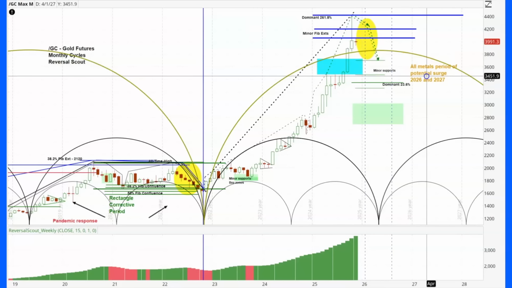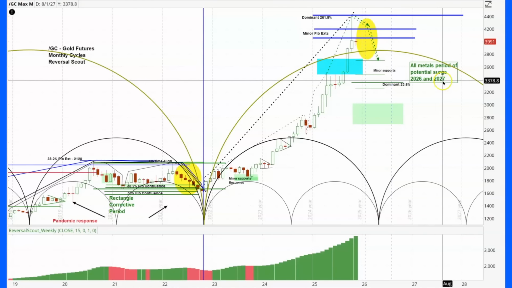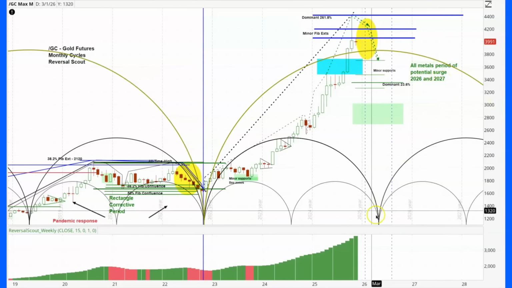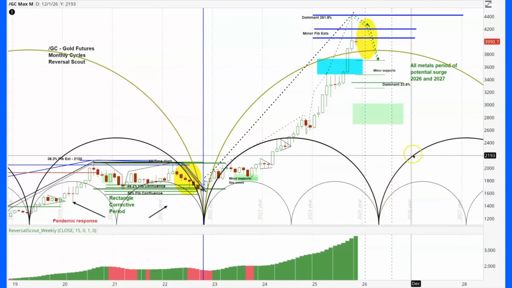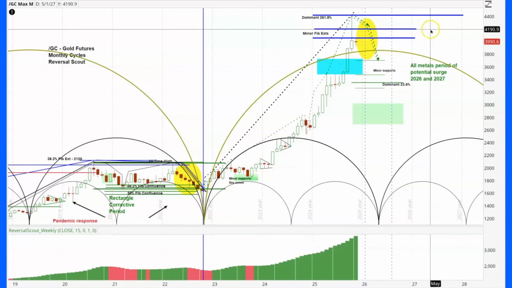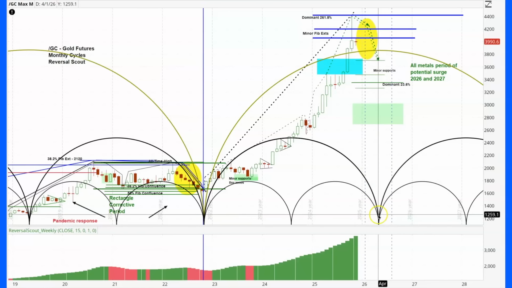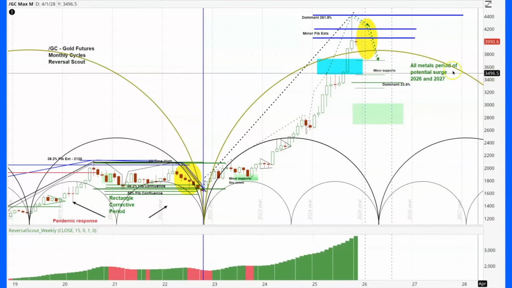Now you can see the note over here is that all metals will be a period of potential surge, 2026 and 2027. So that's after this low, 2026, 2027, gold can go much, much higher. So that makes this pullback in here, which you see there's only some 3, 4, 5, 6 months, would be a really good buying opportunity were it to get down there.